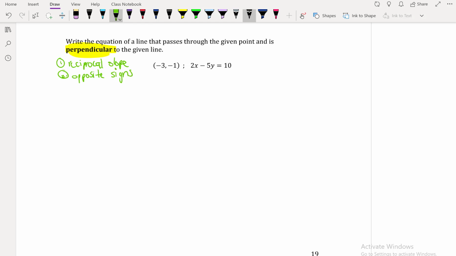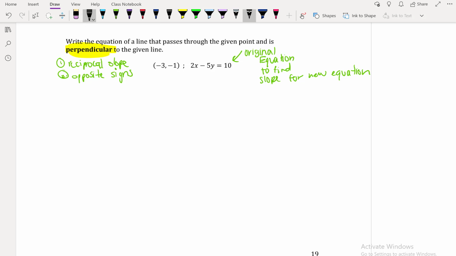So we get that by looking at my original equation. We're going to use this original equation to find the slope for the new equation, since we know the relationship between these two lines is that the slope is going to be the reciprocal and the opposite sign.